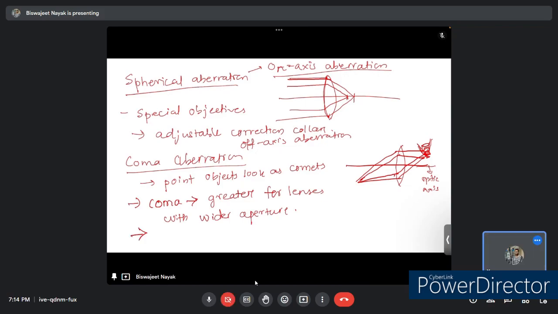We can make our lens in such a manner that sin i by sin r is a constant. This is one of the ways we can cure it, in terms of construction of the lenses. But there's also another way we can cure it, by accommodating the diameter of the object field for a given objective.